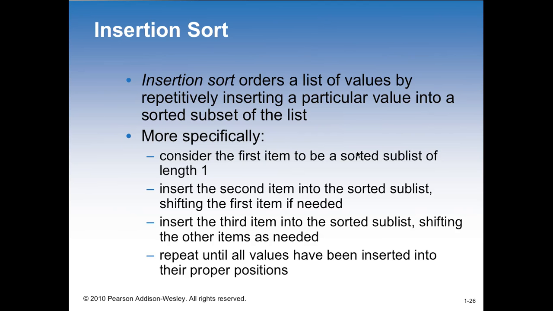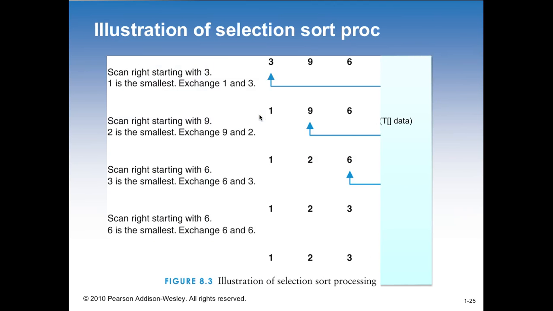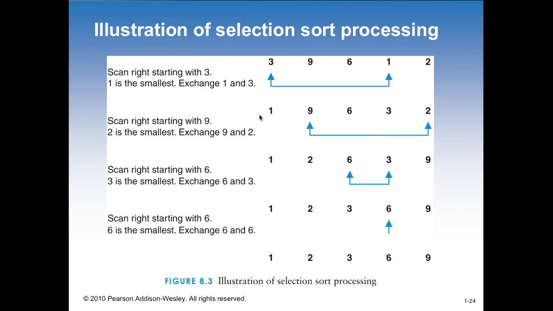So insertion sort orders a list by values by repeatedly inserting a particular value into the sorted subset of the list. Notice this particular selection sort would work nicely on an array because you're not having to reorganize the list. You don't have any holes in the list.